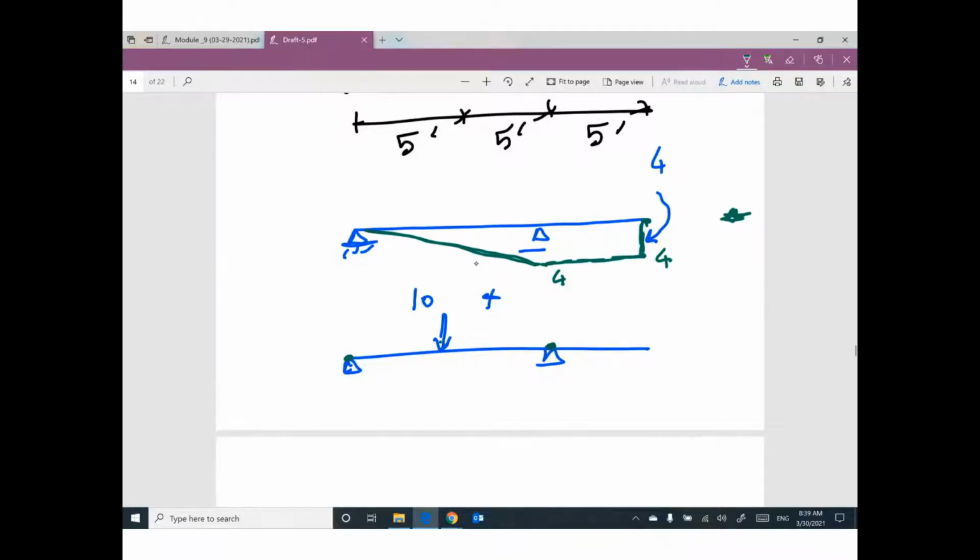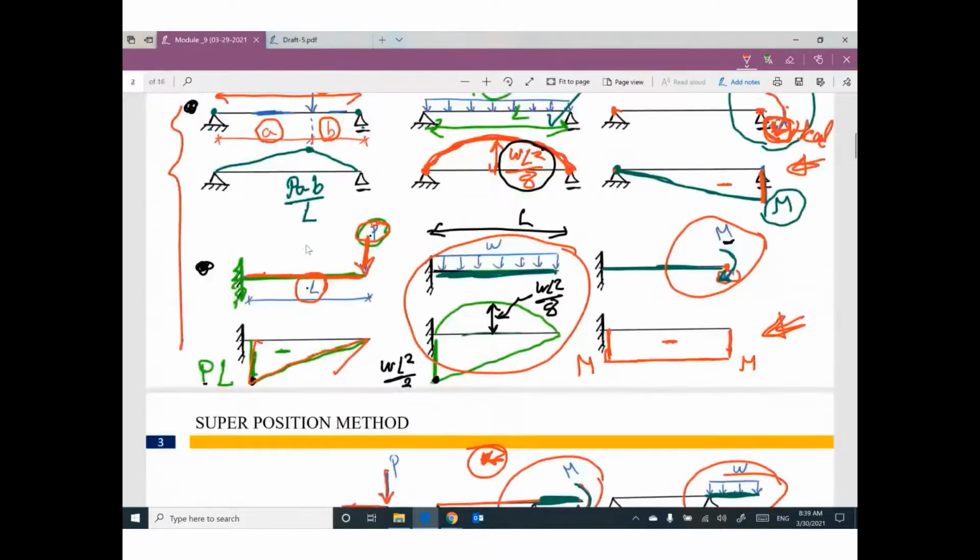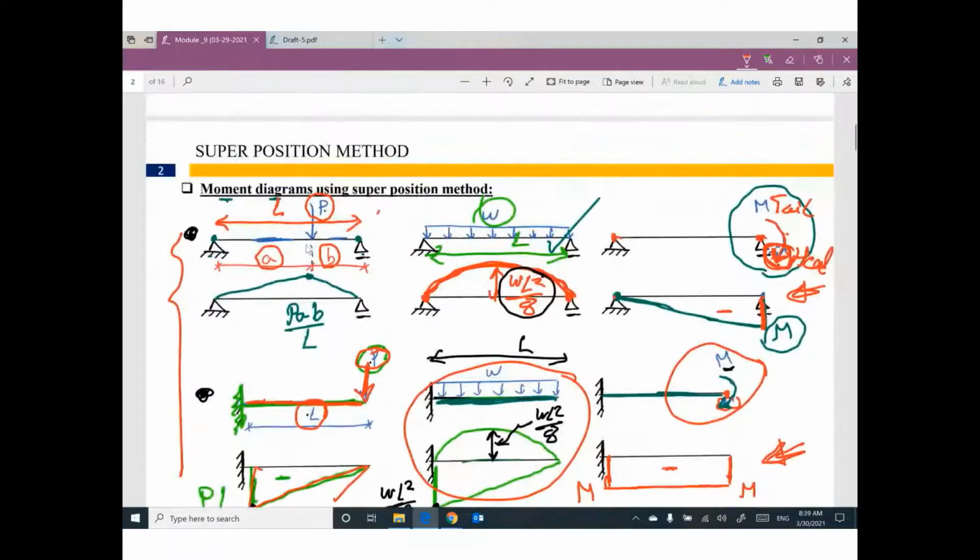So I expect my moment will be a triangle, and the value of the triangle will be PAB divided by L. We will have 10 times 5 times 5 divided by 10. My value will be 25. This case looks like this one.